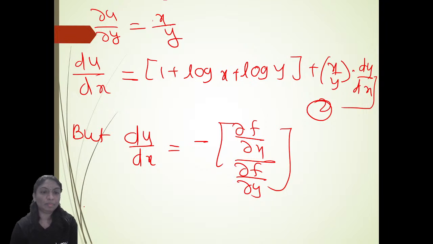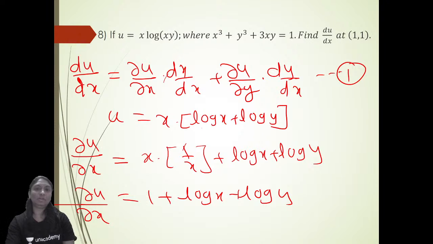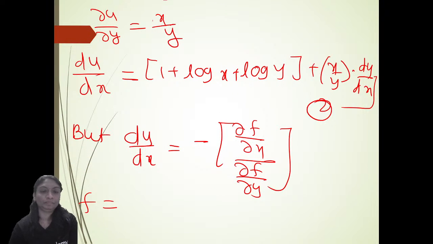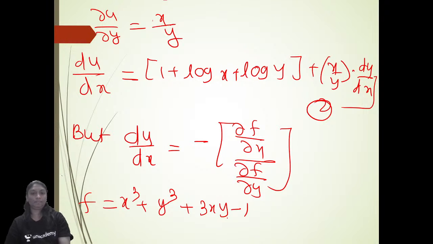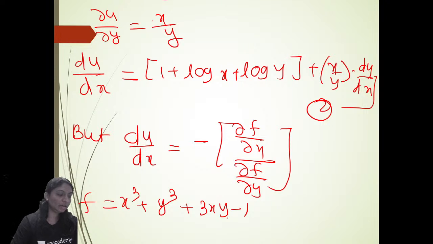So what will your function f be? We can write f is equal to x cube plus y cube plus 3xy minus 1, which is equal to 0.